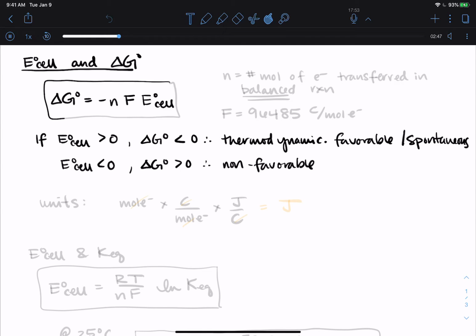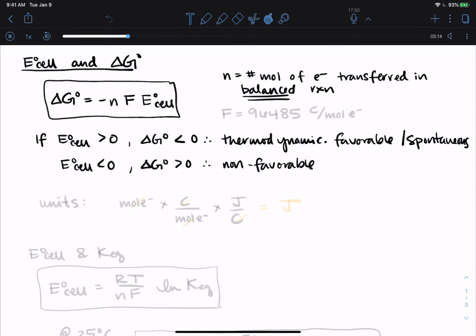So back to this equation, this N value is the number of moles of electrons transferred in the balanced reaction. So the balanced part is really important.